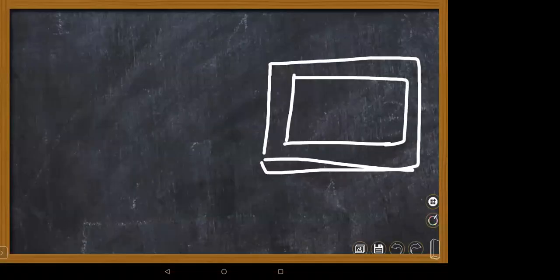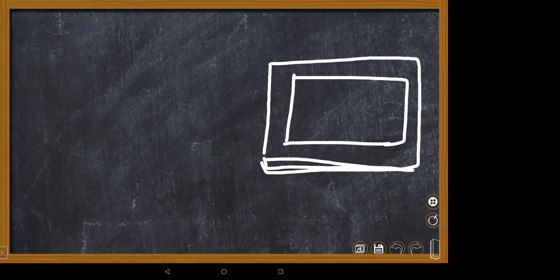What are the conditions given, children? Find in square meters the area of a path 2 meters wide surrounding a rectangular lawn.